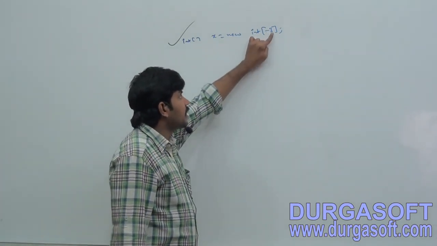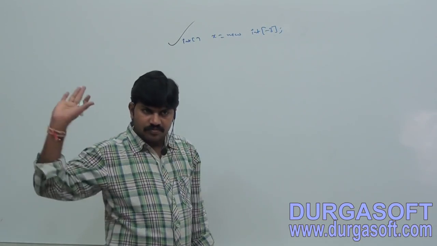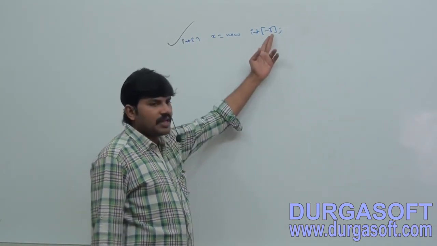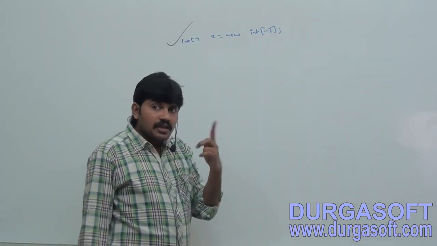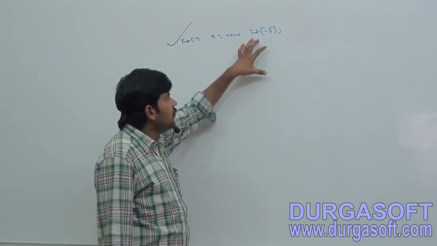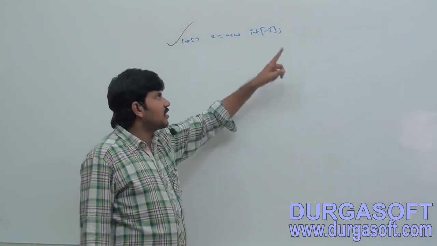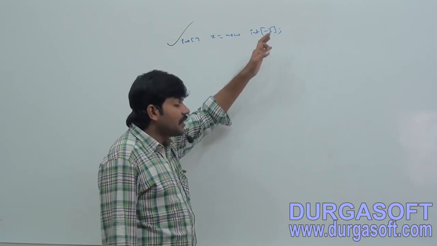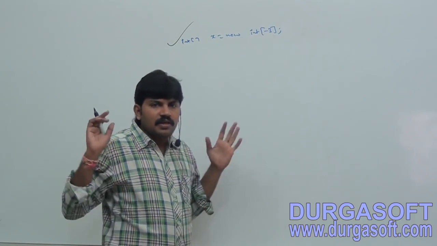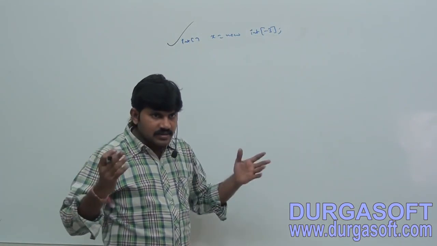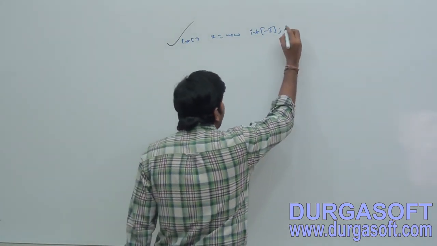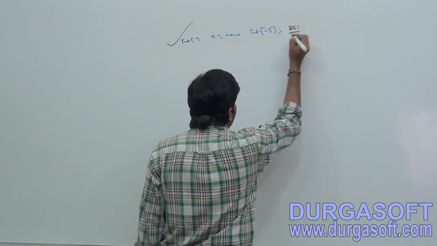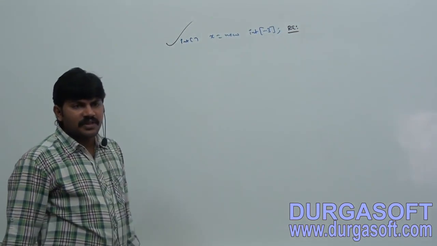Whether it is positive or negative is not the compiler's job. From the compiler point of view, valid. At runtime, the JVM reserves memory based on this size. Whenever the JVM sees this negative size, immediately it raises a runtime exception. So what is that runtime exception?